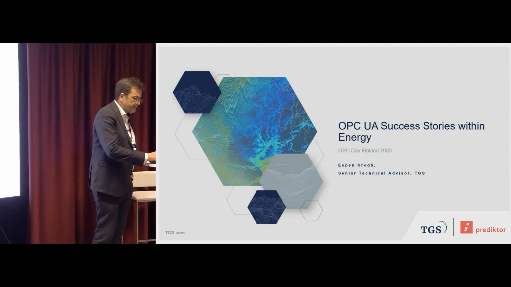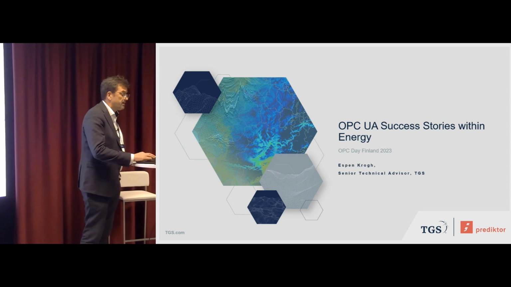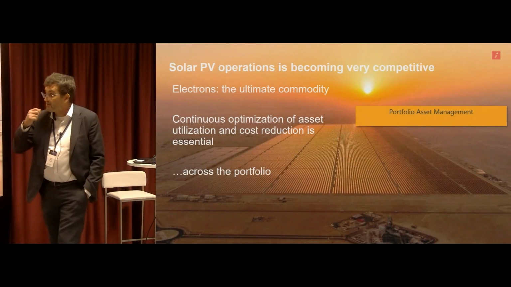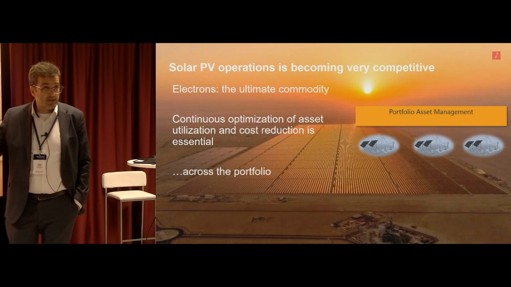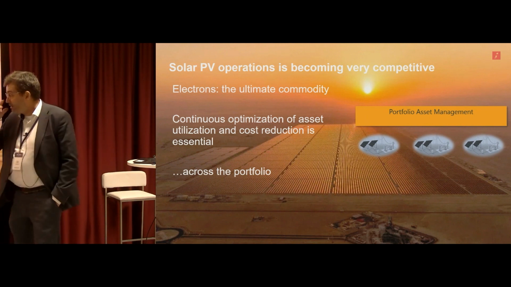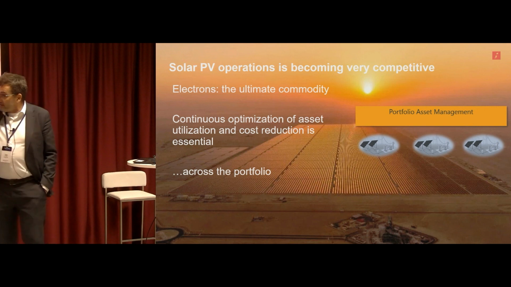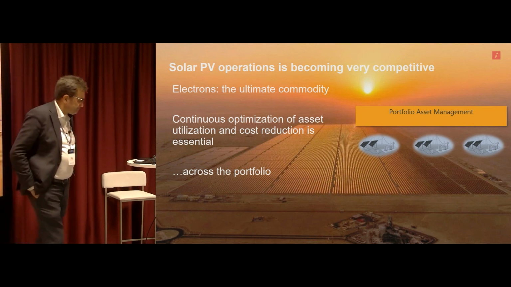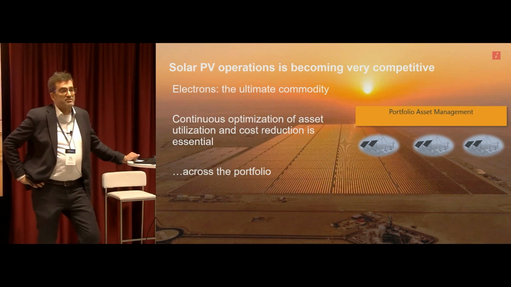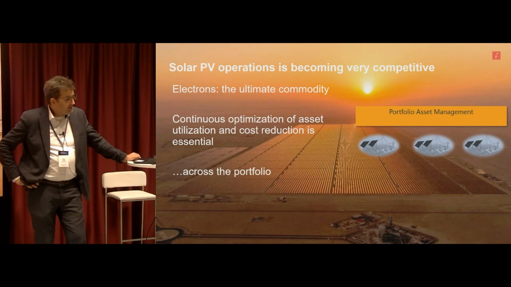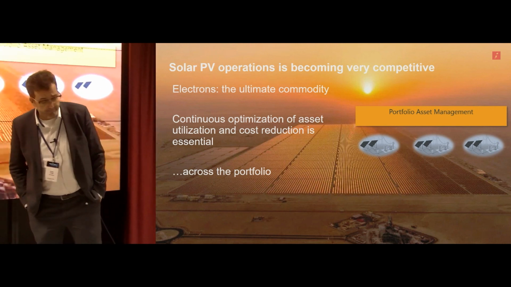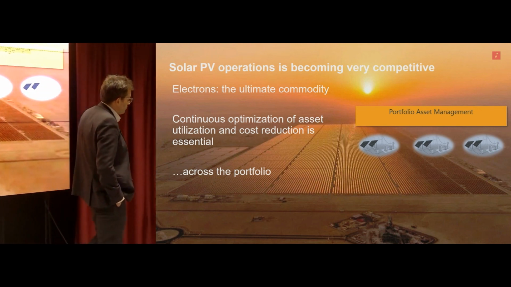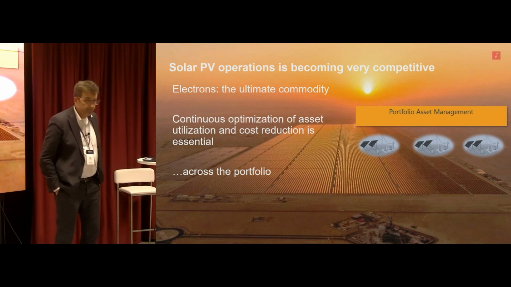But first, some of the motivation for this. This time I'll use an example from solar PV operations, utility scale solar PV operations. First, this asset behind here is visible from outer space. If you go to Egypt and go to the Aswan Dam, you will find this asset only a few kilometers from the riverside.